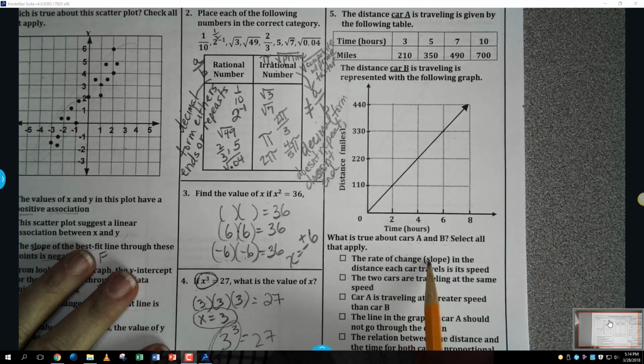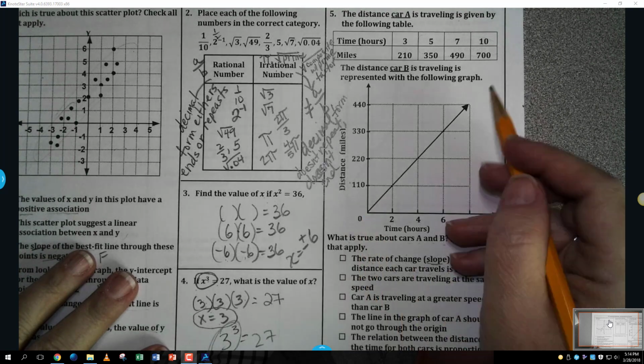The rate of change, the slope, and the distance each car travels is its speed. Oh, it should say the rate of change, the slope, in the distance each car travels, is its speed.